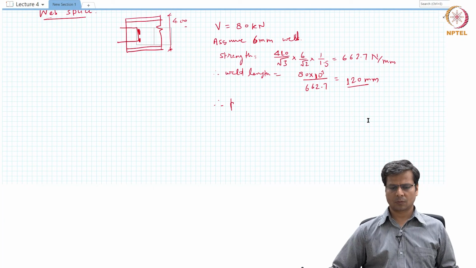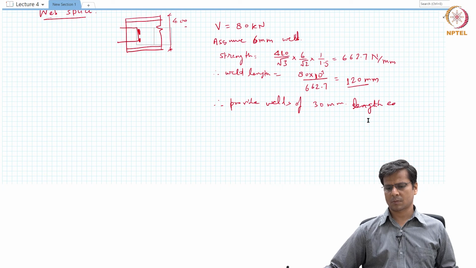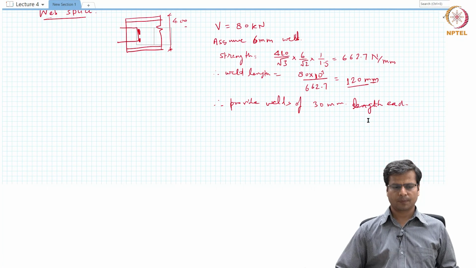So we can provide welds of 30 millimeter length each. And there are 4 such welds, okay, and that is 6 millimeter weld. So that's how we can design the plate.